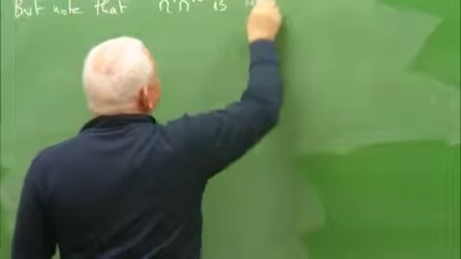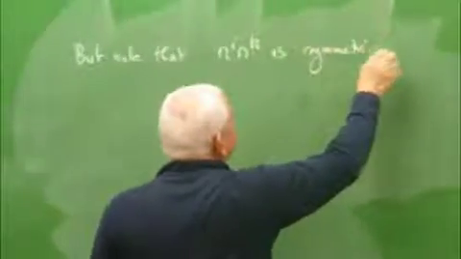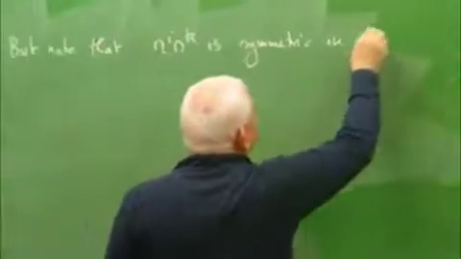Good. Well, now what I want to do next, for my next contouring trick, I want to show you that in fact this tensor contains too much information. We don't need all of that information to calculate the strain rates. But note that n_i n_k is symmetric in i and k.